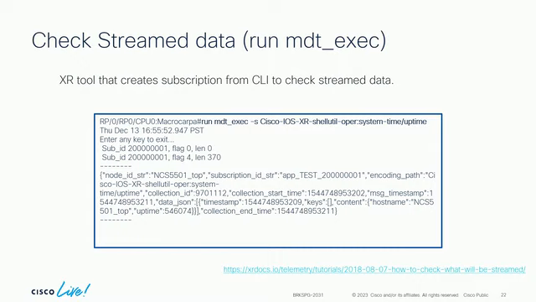So you go into the IOS XR CLI, you run the command run mdt_exec -s, and then you specify the sensor path. This sensor path, you can explore from Feature Navigator or other tooling from your arsenal, and the output would be right here.